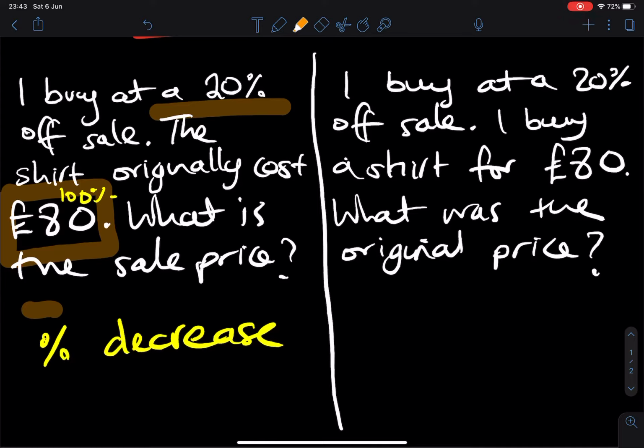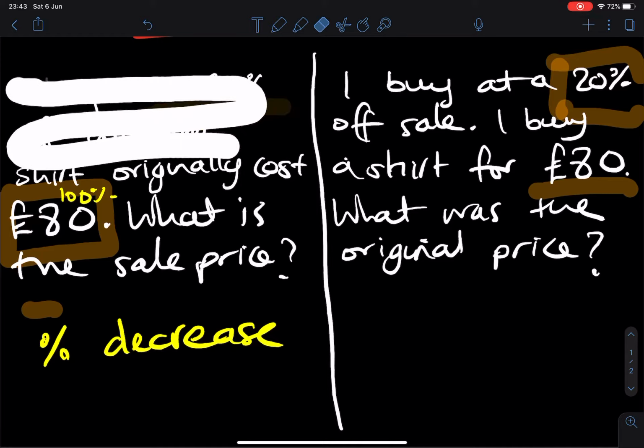I know that during the sale, after I apply a 20% discount, the price was £80. Now, why is that useful for me?